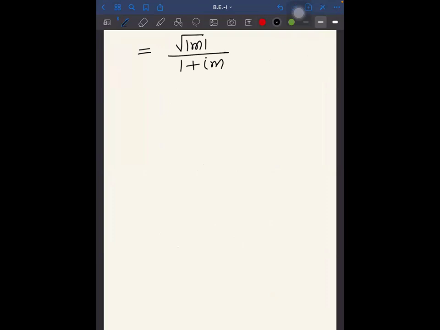So this is dependent upon m. Therefore, the limit does not exist.